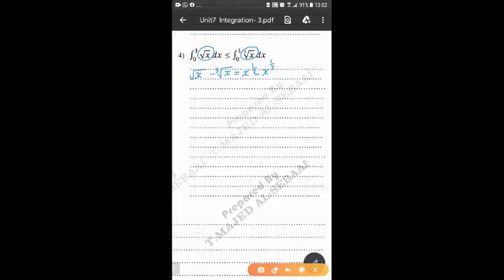Okay, how can I factorize this? I will take x to the power of 1/3 as a common factor. What do I still have? x to the power of 1/6 minus 1. Why? Because x to the power of 1/3 times x to the power of 1/6 is x to the power of half.